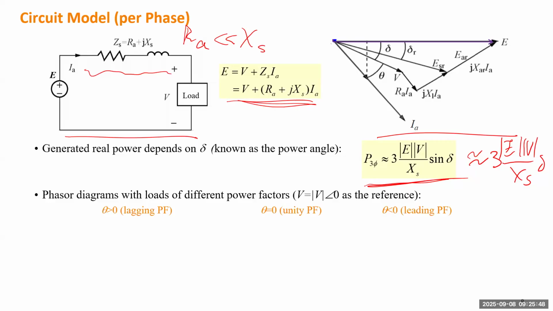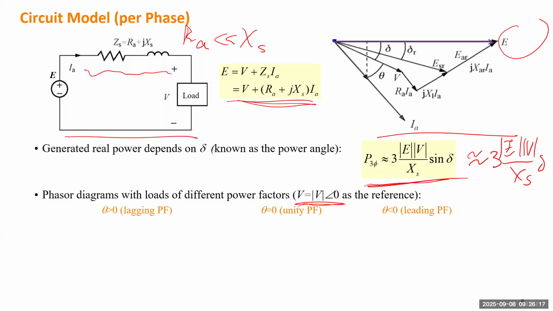Next we want to study how the phasor diagram changes under 3 typical conditions. For the convenience of drawing the phasor diagrams, in the following, instead of using E as a reference, we just use the external voltage on the load side as the reference. And we will study the 3 conditions: lagging power factor, unity power factor, and leading power factor.